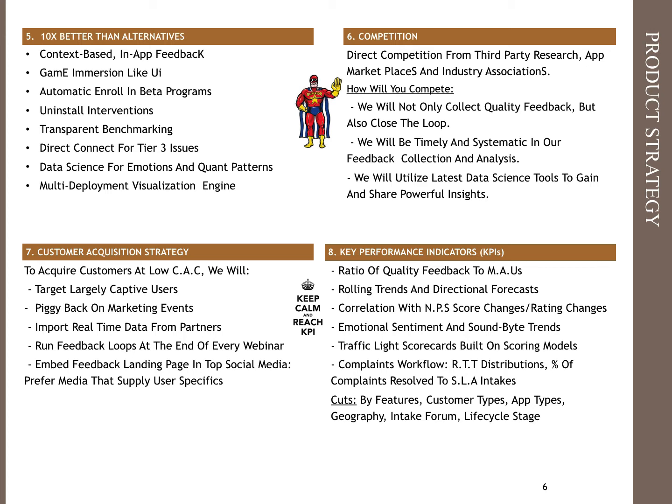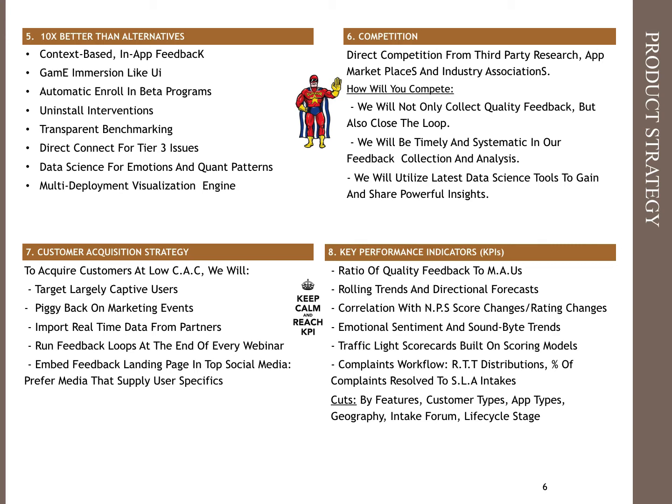Traffic light scorecards are great because they're built on scoring models and give you a quick idea of red, yellow, green on various measures of your product's attributes, the communication mechanism, the marketing of your product, everything, right? So everything can be process-based and built into red, yellow, green traffic light scorecards.